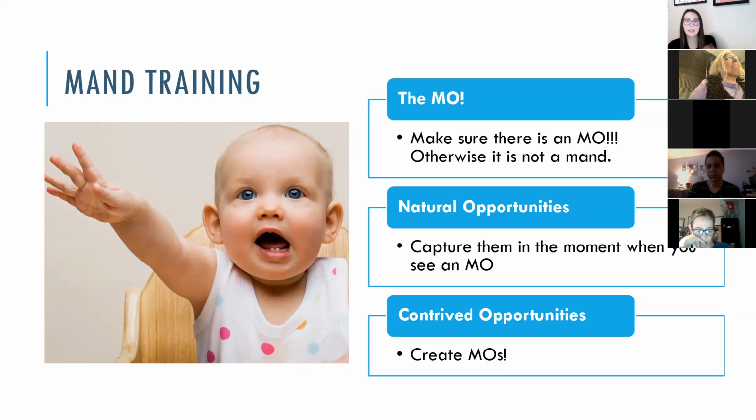So you're creating MOs. An excellent way to do this is during play, especially if you're playing with toys that require multiple parts, like blocks or Legos. Let's say you notice your client is stacking blocks and they're doing it with just the blue blocks. What you can do is sneakily grab a couple of the blue blocks so that you're playing with them in a parallel way.